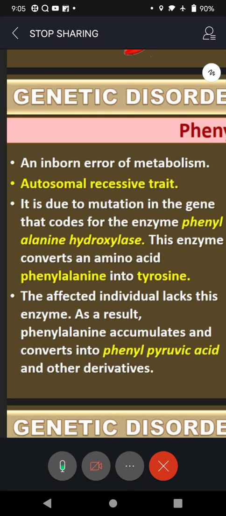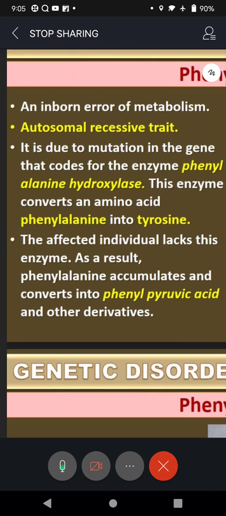So what is phenylketonuria? It's an inborn error of metabolism. Again, it is an autosomal recessive trait. Just like sickle cell anemia, this is also due to autosomes. And why does it happen? Mutation. It is due to a sudden change, mutation, in the gene that codes for the enzyme phenylalanine hydroxylase.